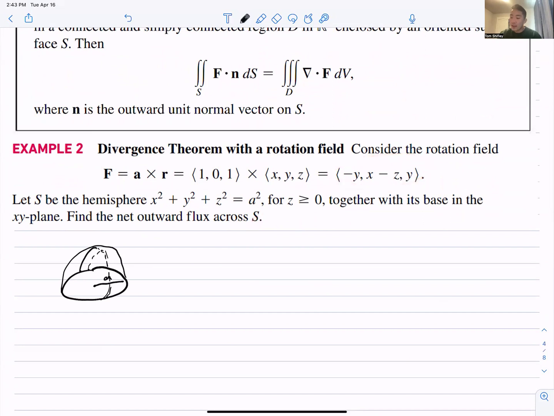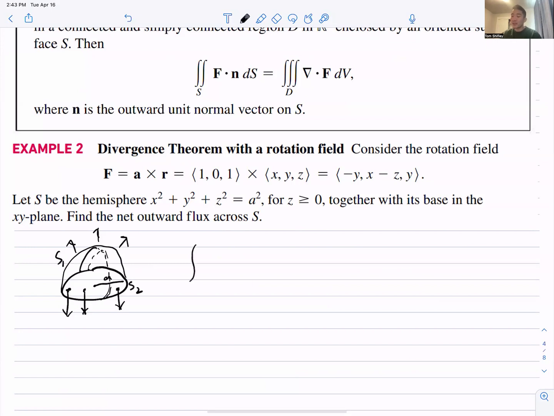In order to do that, if we actually wanted to compute this integral, because it includes the bottom, we would have to actually do two surface integrals, where I call this surface 1, and then maybe the bottom surface is surface 2.